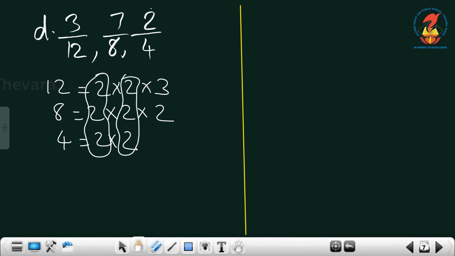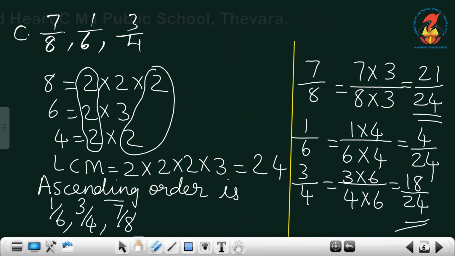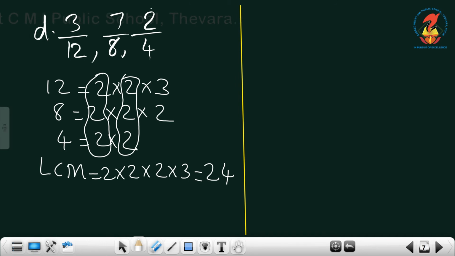Did you see any number common in 2? No. So, we need to multiply the balance numbers also. Here LCM is what? LCM equals 2 into 2 into 2 into 3. That is also 2 2s are 4, 4 2s are 8, 8 3s are 24. The LCM is 24.